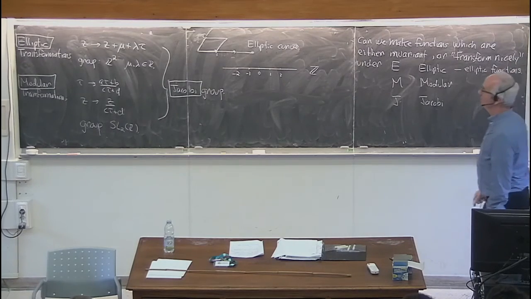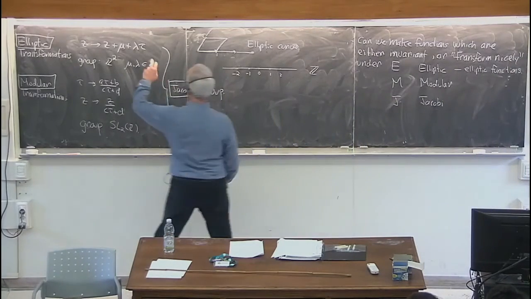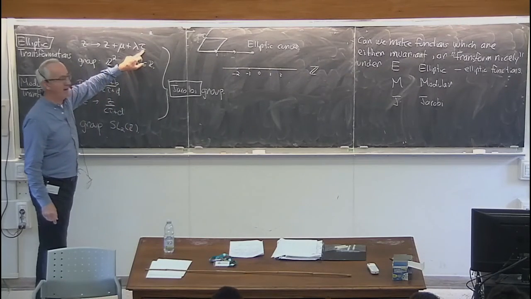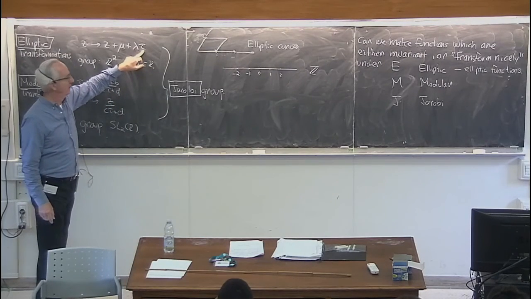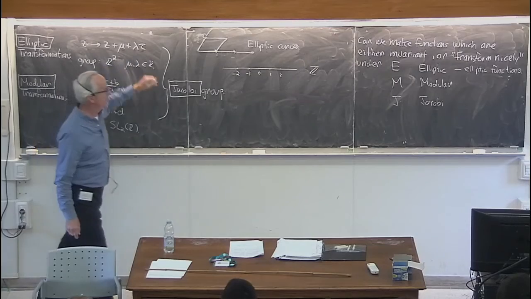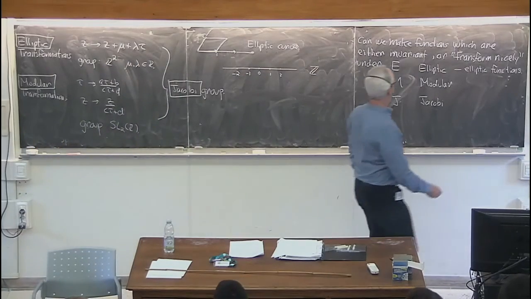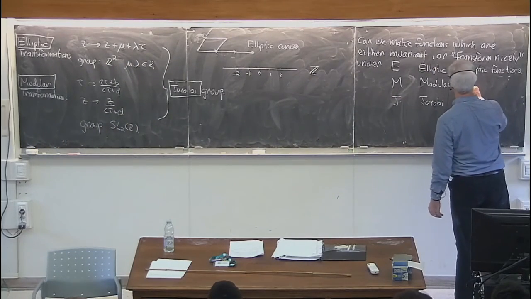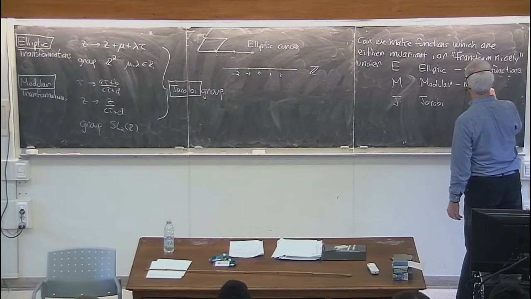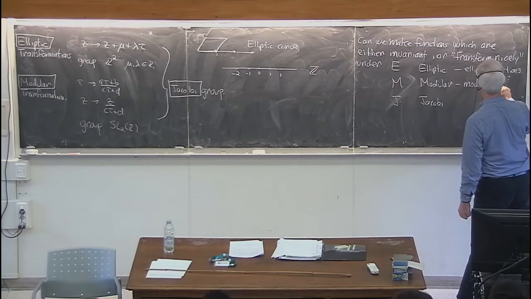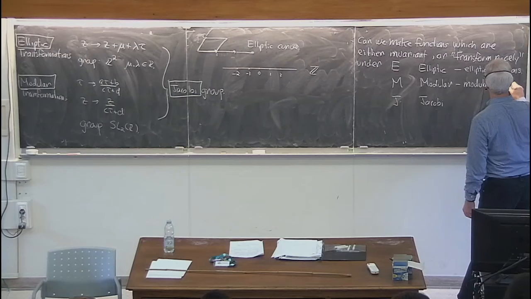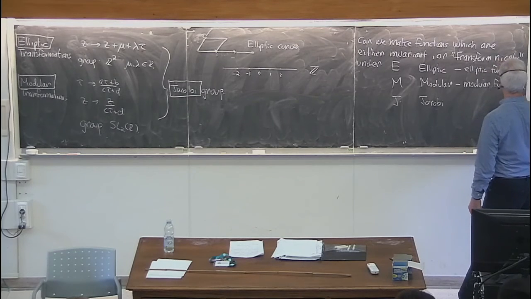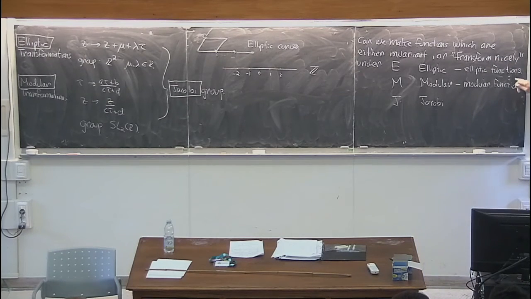But elliptic functions secretly, or not so secretly, depend on a parameter tau, which labels an elliptic curve or a two-torus. And so consideration of these naturally leads to things that have nice transformations under modular properties, and that leads to modular functions, which you could discuss separately from elliptic functions, but they're kind of linked.